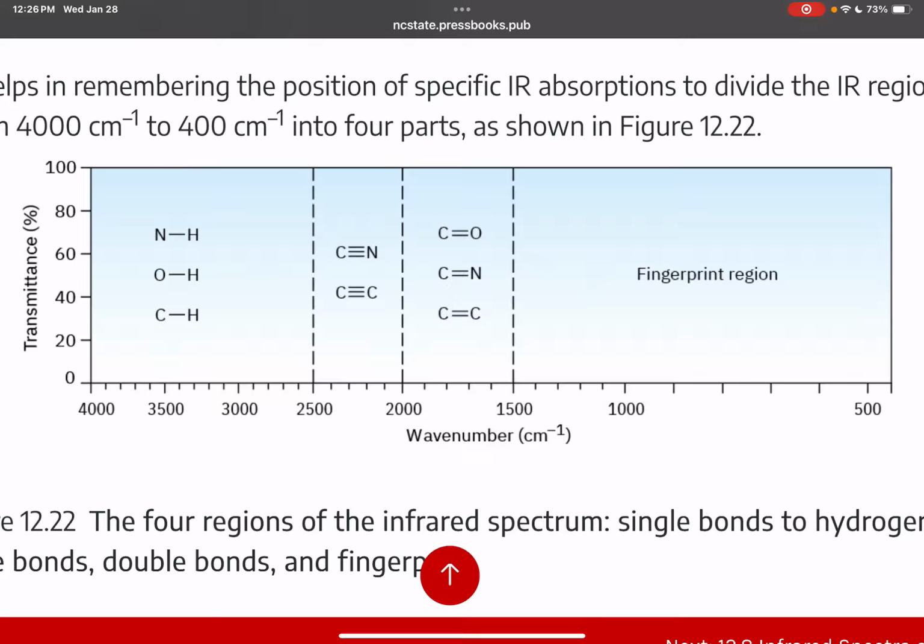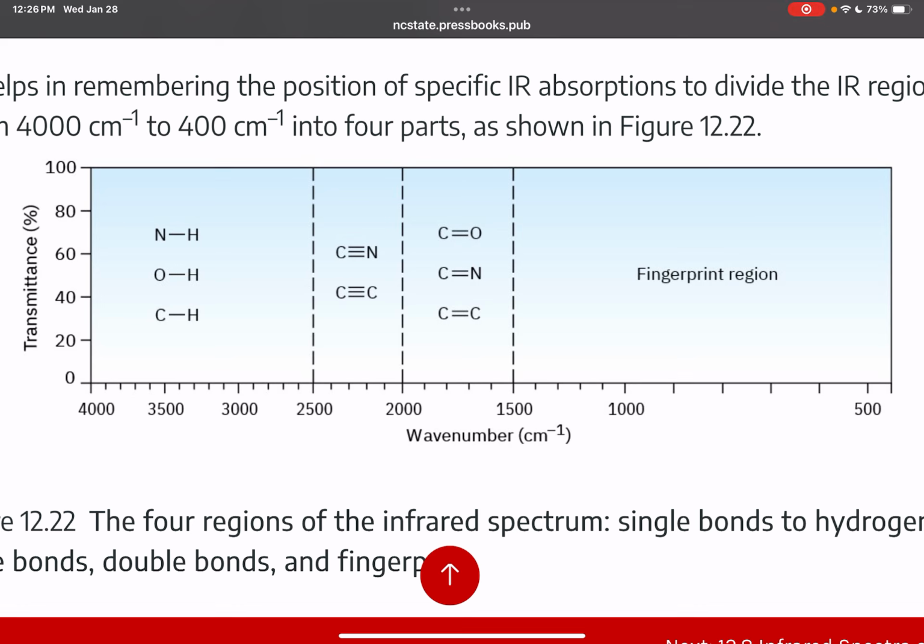Now, 2,000 to 2,500 for most compounds is going to be completely silent. We don't see a lot there except for the CN triple bond or the CC triple bond. It's also where carbon dioxide tends to show up, and that's in the atmosphere, so you've got to look out for that. From 1500 to 2000, we see the double bonds between CO, CN, and CC.